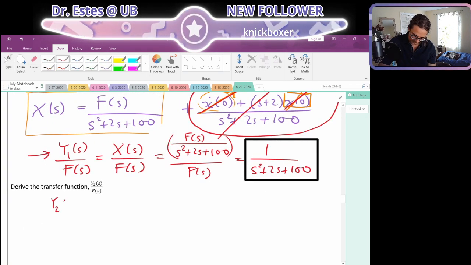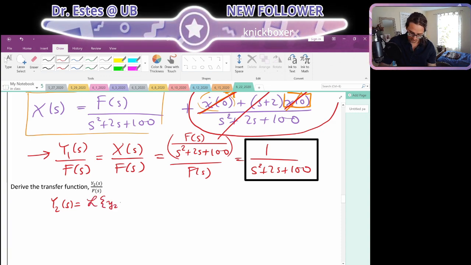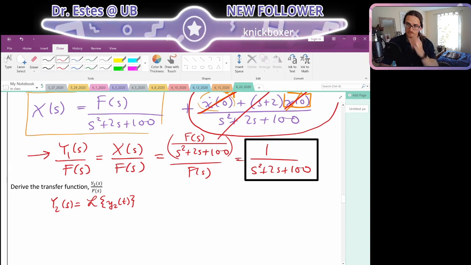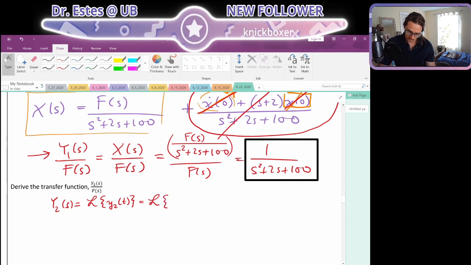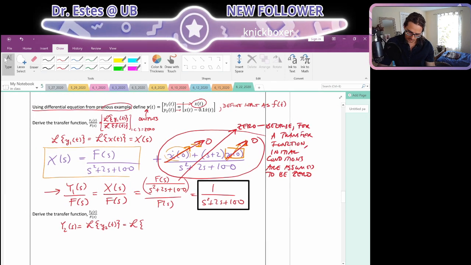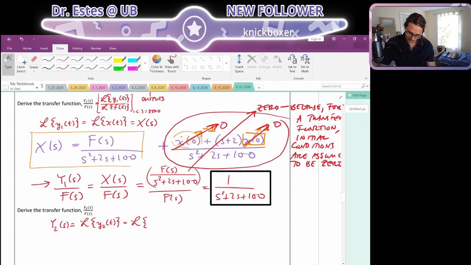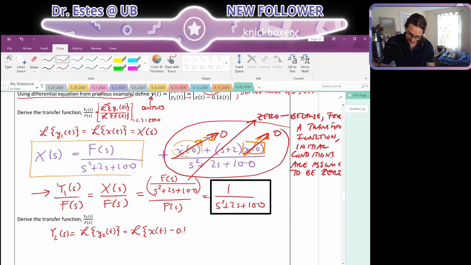First, we look at y2 of s, which I know is the Laplace transform of y2 of t. And y2, what was that? It's x of t minus 0.1 x dot of t.